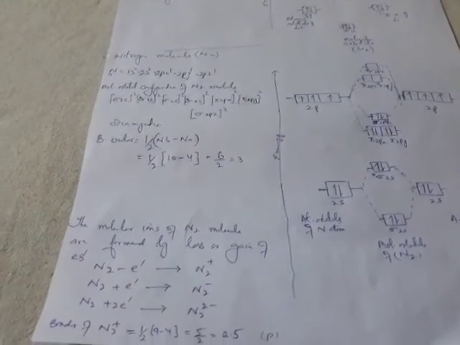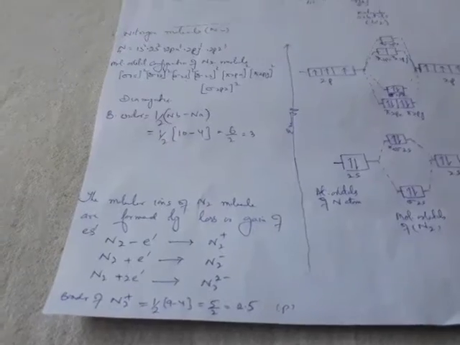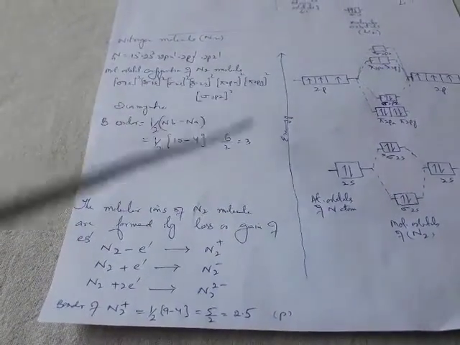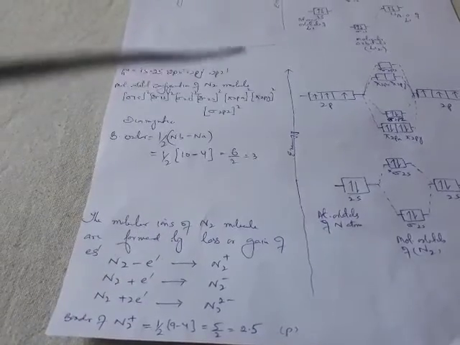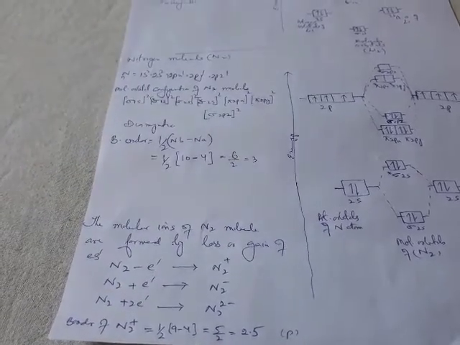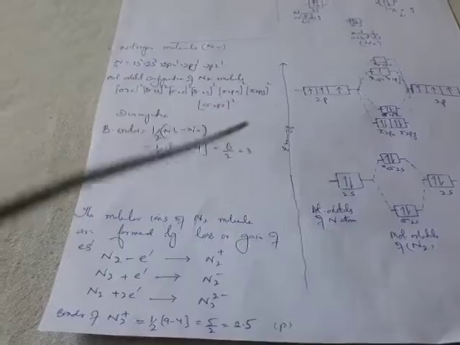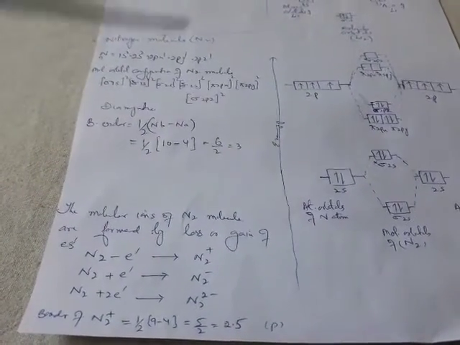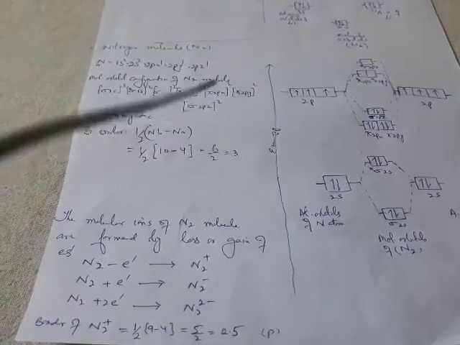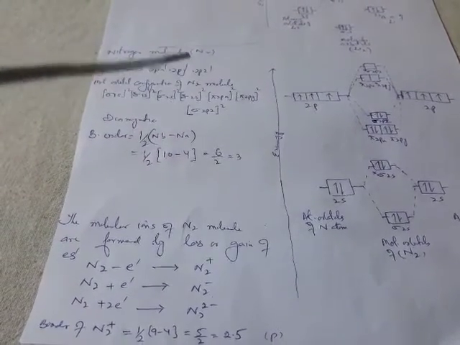It is 945 kilojoules per mole, and the bond length is 110 picometers. So we can see from the bond dissociation energy value, 945, and the bond length, 110 picometers, this molecule is very stable, and rather quite unreactive.